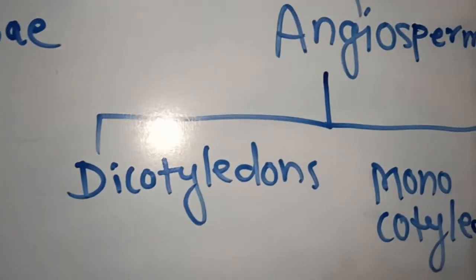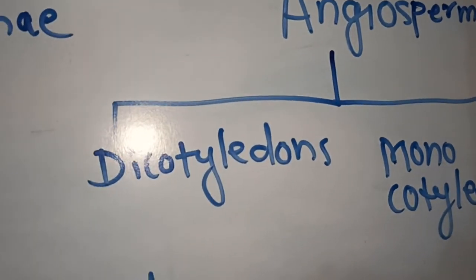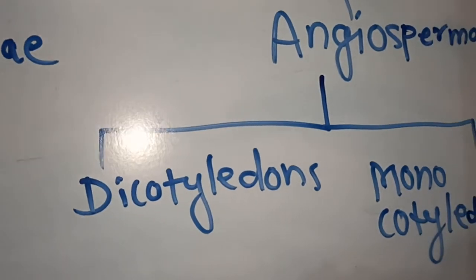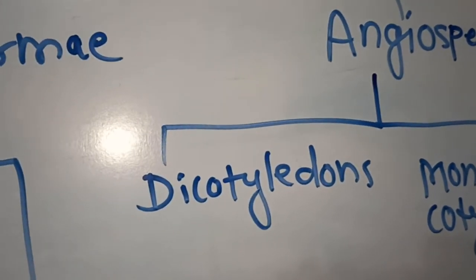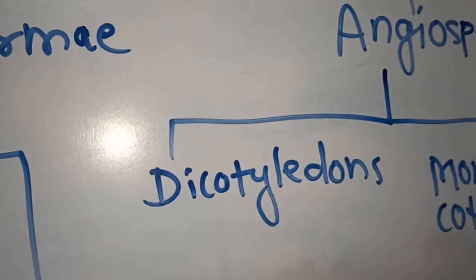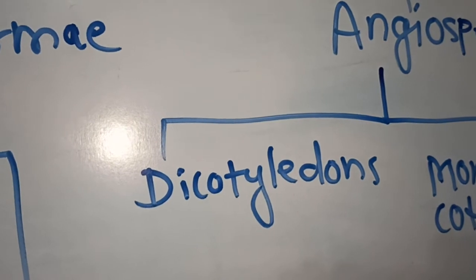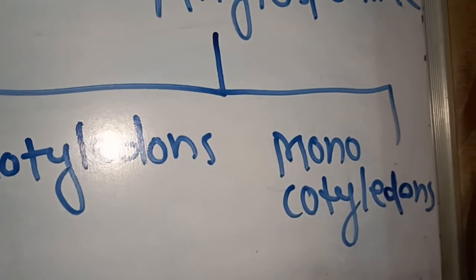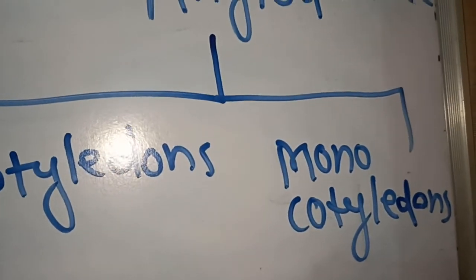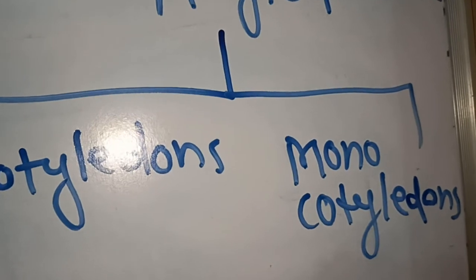While the angiosperm members are known as angiosperms, these include dicotyledons and monocotyledons. Dicotyledons are plants whose seeds can be divided naturally into two halves, while monocotyledons have only one complete seed. It has no area left to divide naturally into two parts.